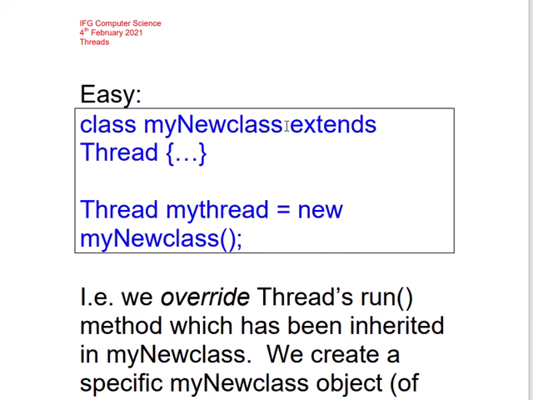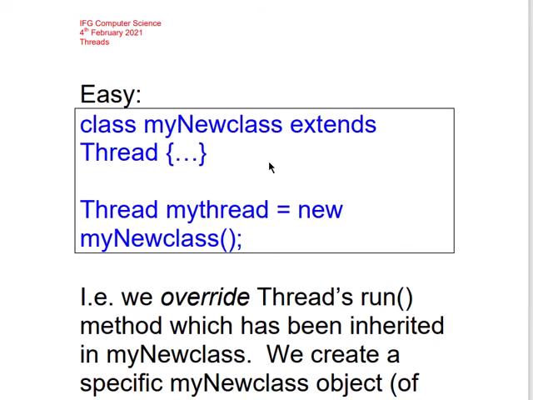My new class extends Thread, so we're not implementing the Runnable interface here. What we're doing is simply subclassing Thread. Then I can give it a name, my thread, which is the result of creating an object from my new class.